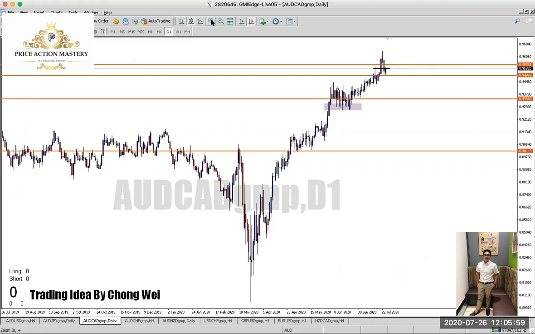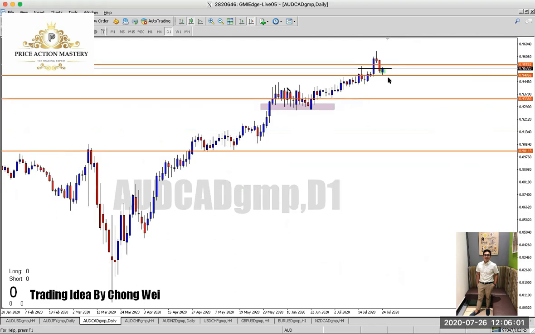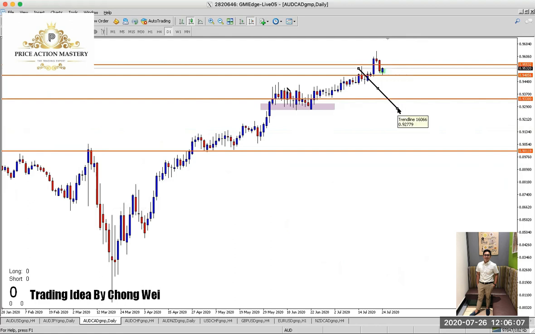Very good, as you can see, where I placed it is just a nice key line. So what I will do is wait for the market to retrace to this level and form a banker sign. Then I will go for it. I will be waiting for a banker sign to go for it.